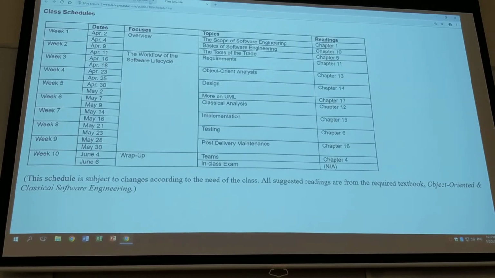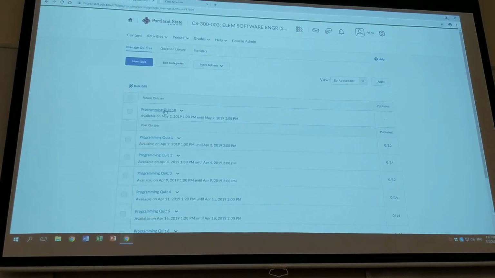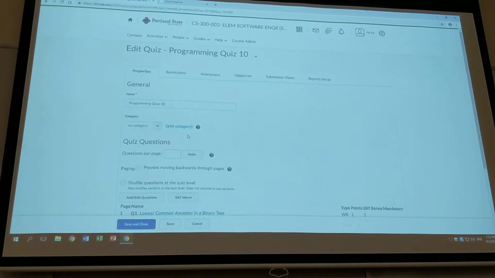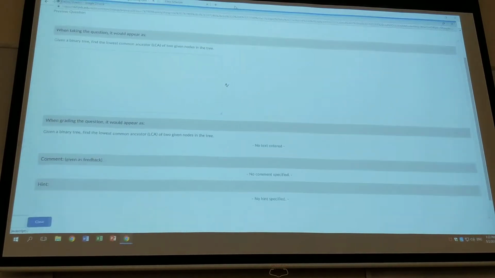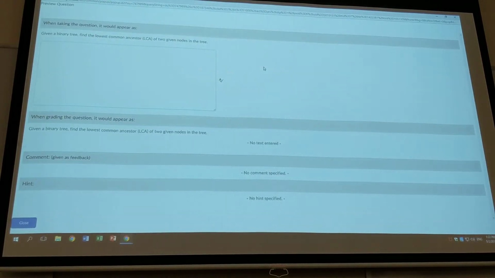All right, so let's look at our quiz today. You can see that I'm still lingering on the tree data structure. Okay? In this case, given a binary tree, I would like you to find the lowest common ancestor of two given nodes in the tree.